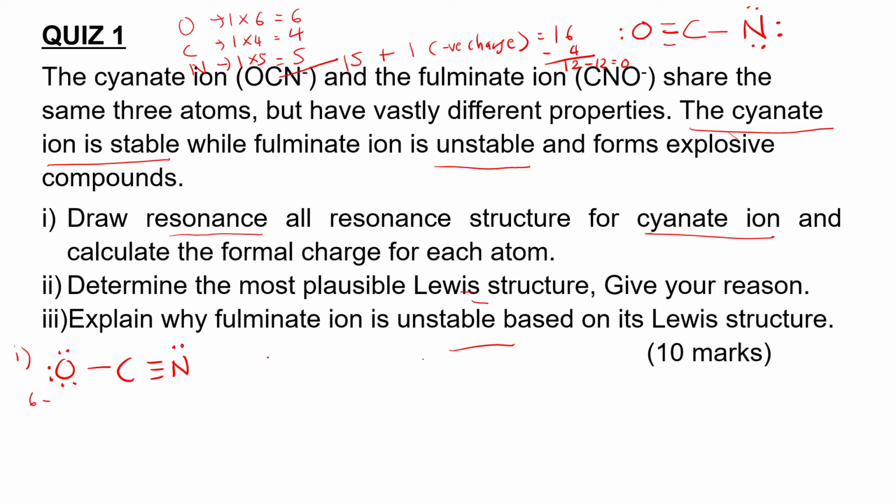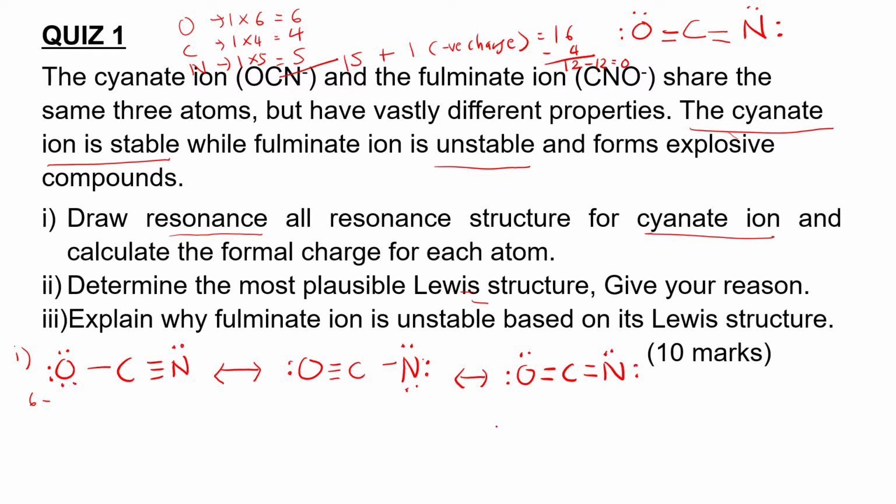So we have another structure for cyanide ion, O triple C single N. Or another one, if we take a lone pair equally, meaning one pair from oxygen, so we have a double bond to oxygen, and one pair from nitrogen. So we have the third resonance structure, O double C double N.